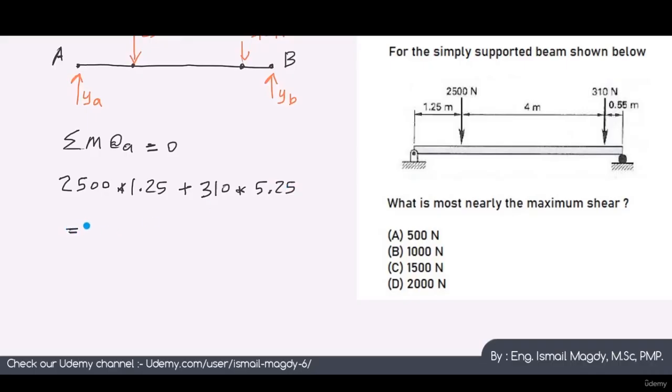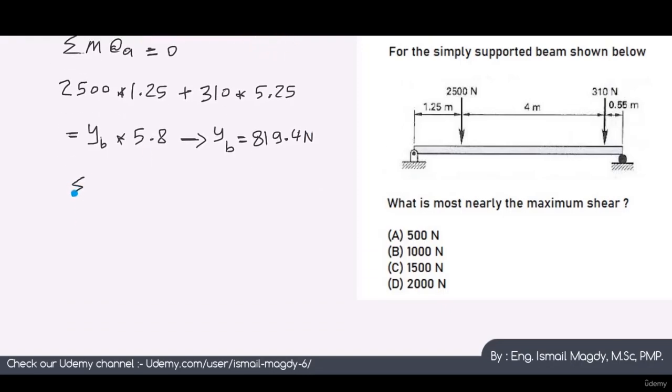All of this will equal to YB multiplied by 5.8. Solving this equation results in YB equaling 819.4 Newton. So this is the reaction at point B.